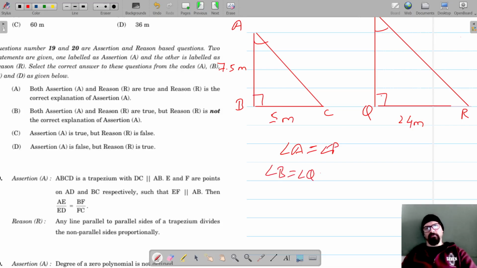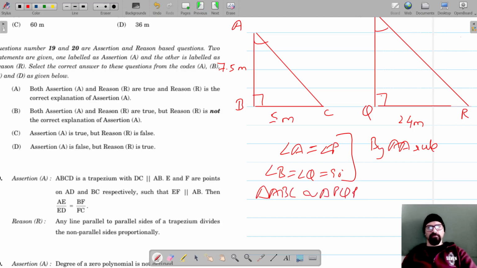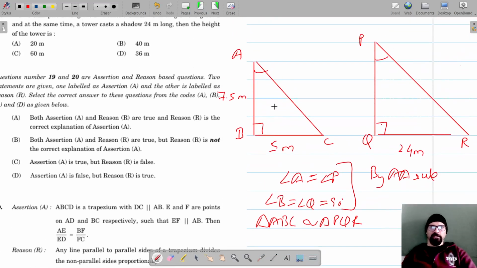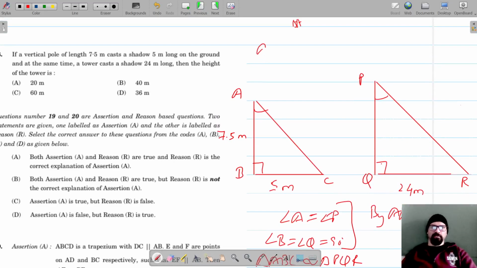So angle B is equal to angle Q is equal to 90 degrees, which means that by the AA similarity rule, these two triangles are similar. That is, triangle ABC is similar to triangle PQR, and if these triangles are similar, their sides should be in proportion. So AB by PQ should be equal to BC by QR.